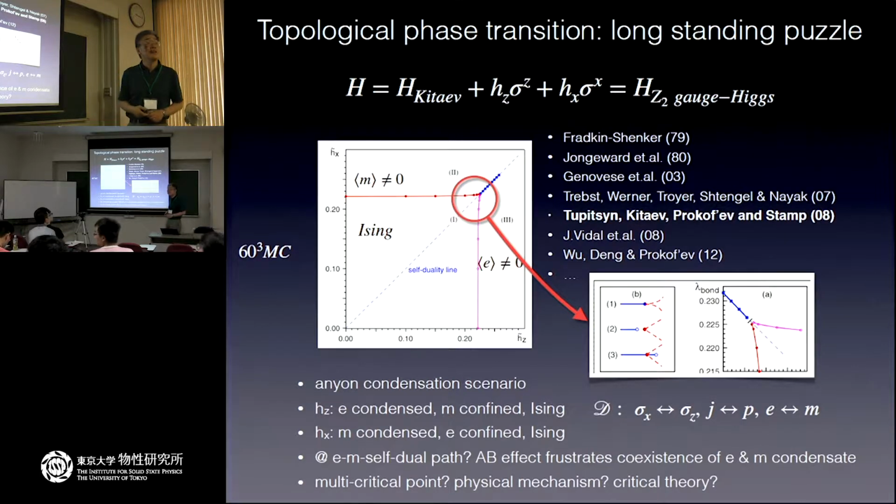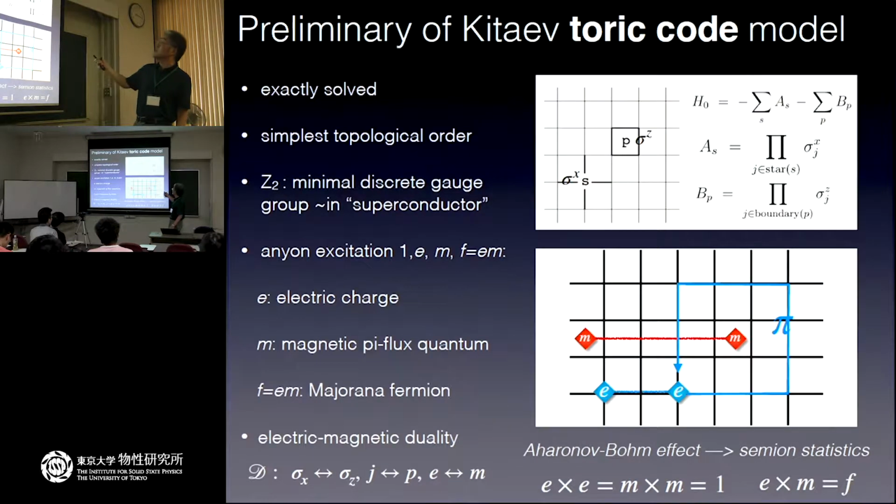Maybe I'm misunderstanding, but in your model itself, I think you can go smoothly from one phase to the other. You can go around the blue line, right? Oh, this is not my model. I haven't talked about my model. No, you cannot, because the first part of this model is a topological model. There's no parameter in this.